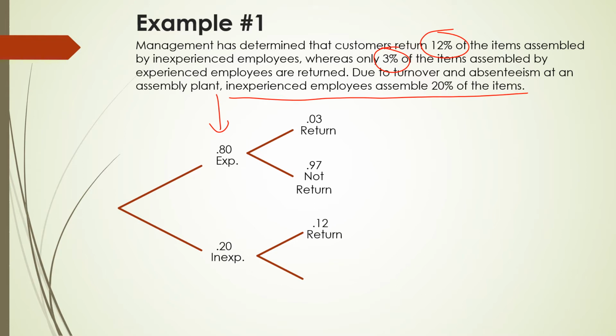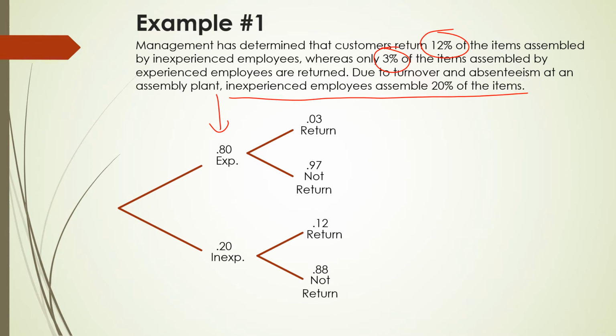Well, they said 12% of their items are returned. And therefore you do math, 100% minus 12% is 88. And that's where I get those numbers. And notice that 3%, 97%, that's 100% of the experienced employees' items being returned or not returned. The same thing for inexperienced items. So now once we have that, let's look at what that means.